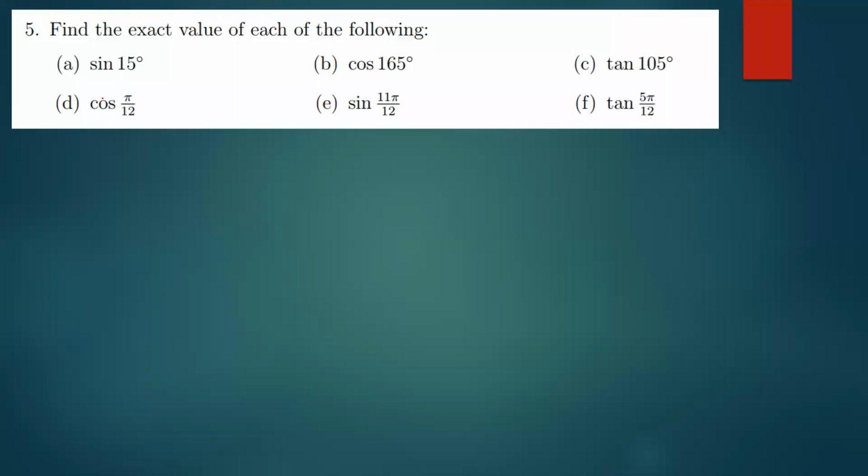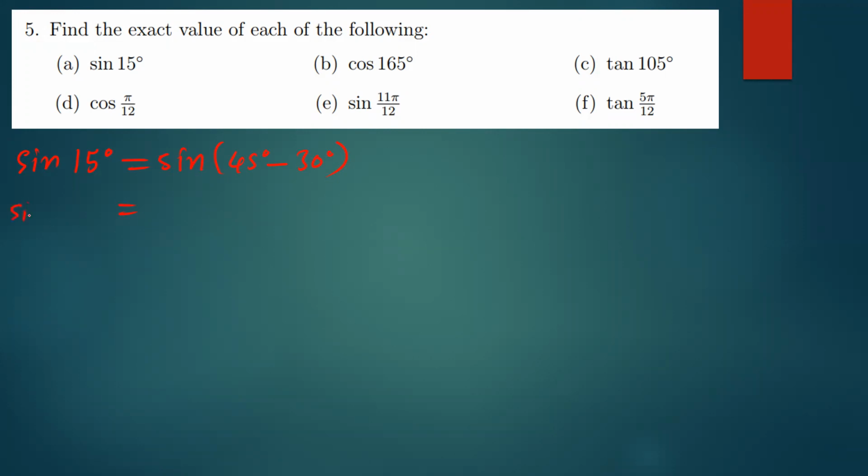So now, since we're subtracting, we're saying sine 15 degrees is just the same as sine, then in brackets there, we're going to put 45 degrees minus 30 degrees. Now remember what I said?